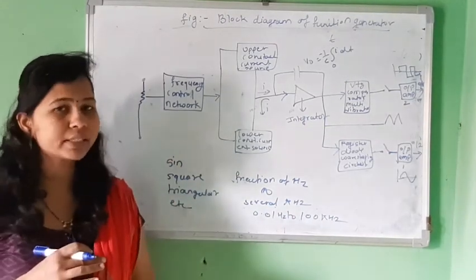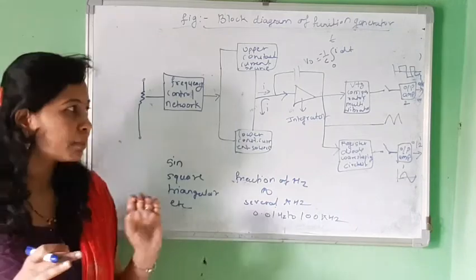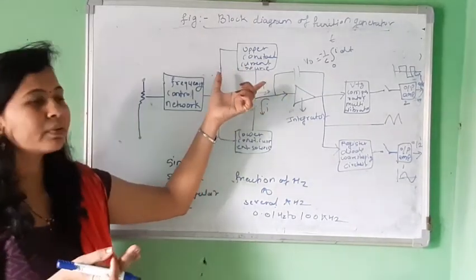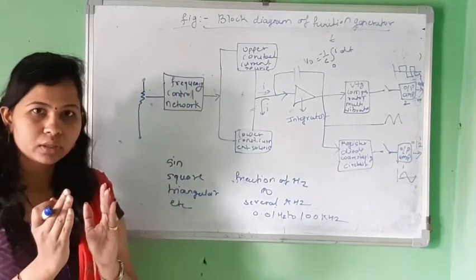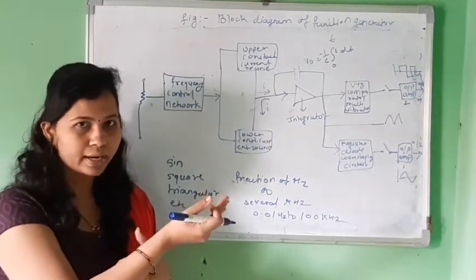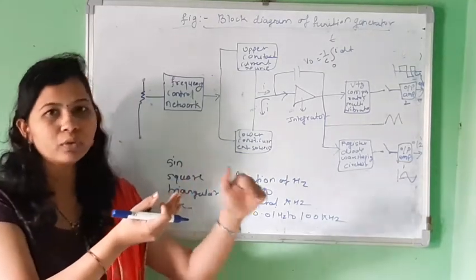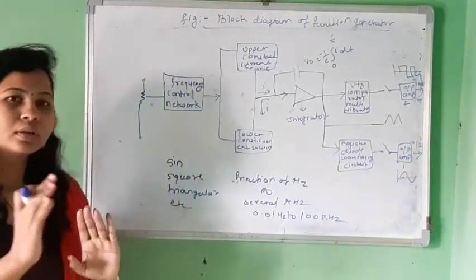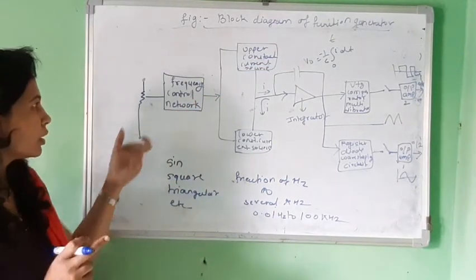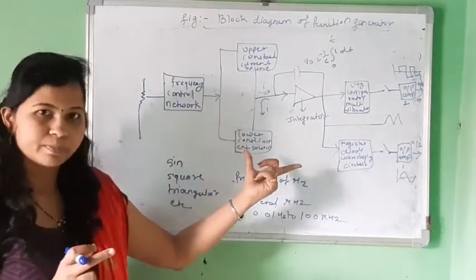Without a function generator there is no use of a CRO, because when the function generator generates some waveform, then we have an input which is given to the CRO, and after that the CRO will work properly. So that is why the function generator is important.